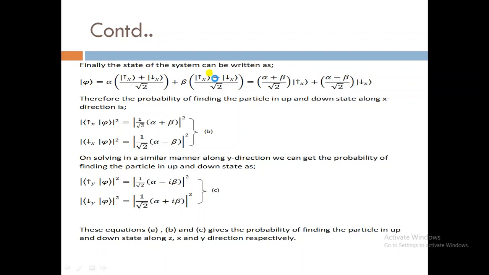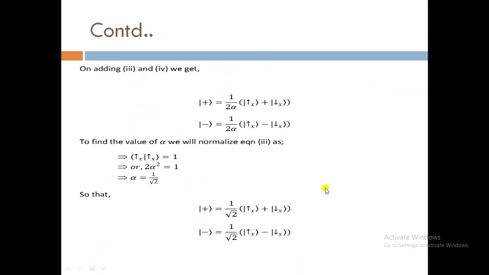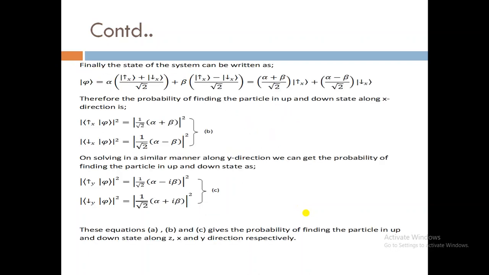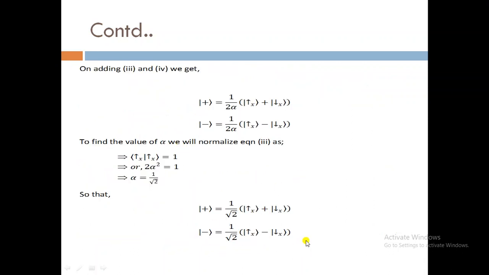But in place of plus ket, we have found |↑x⟩ ket plus |↓x⟩ ket divided by root 2, and in place of minus ket, we have |↑x⟩ ket minus |↓x⟩ ket divided by root 2, which we found before.